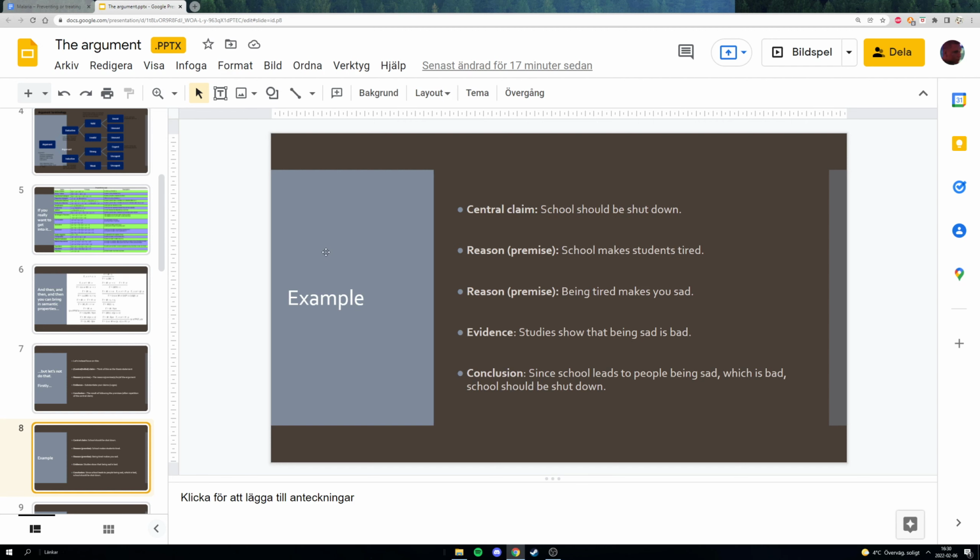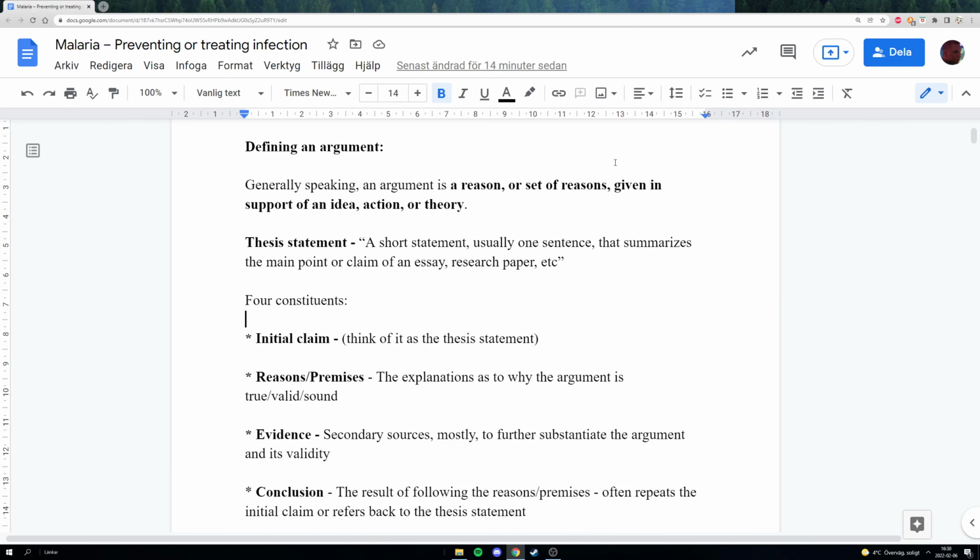We're going to move on and swap documents to this one. So we define an argument as a reason or set of reasons given in support of an idea, action, or theory.